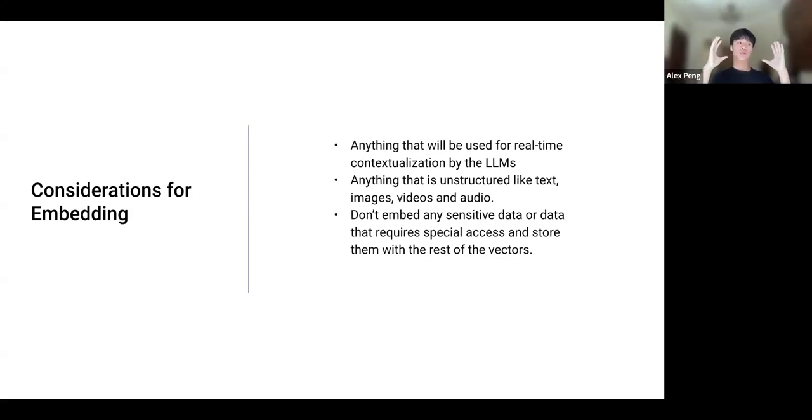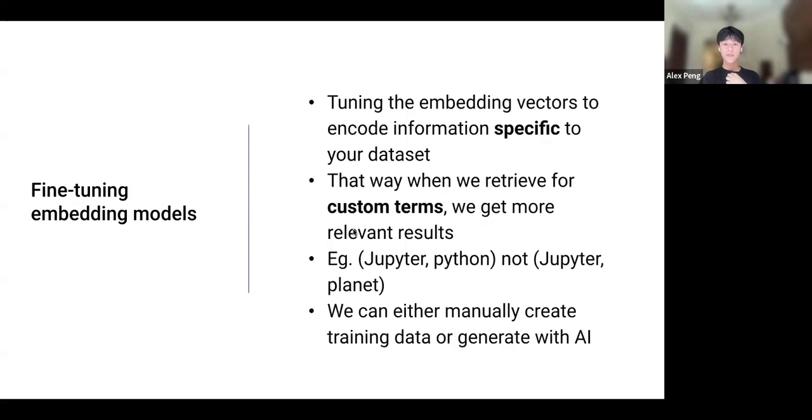And so you're going to want to make sure you're gating access to sensitive information inside of gated vector databases, right? And not storing them alongside vectors or vector databases containing vectors that don't have special access privileges.